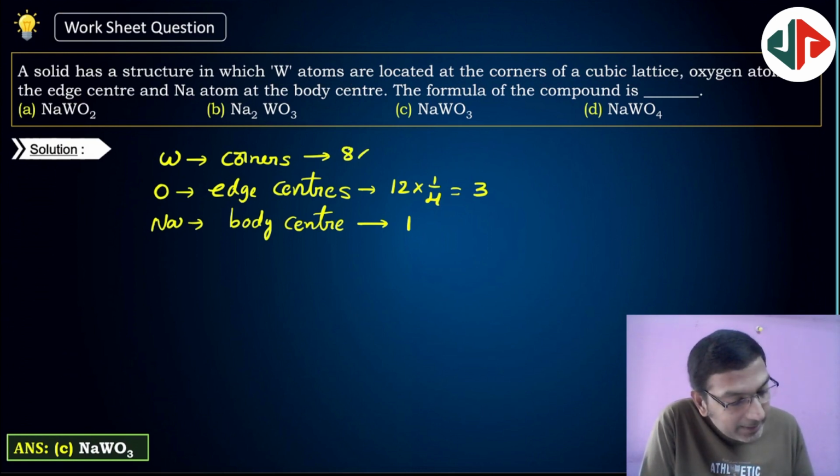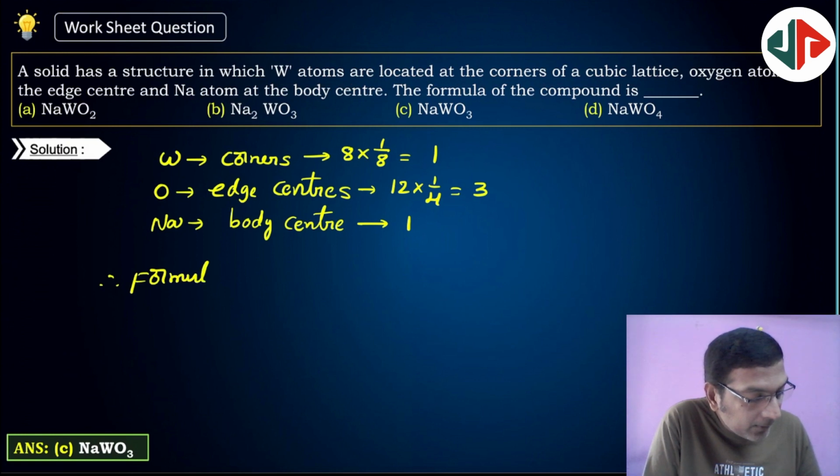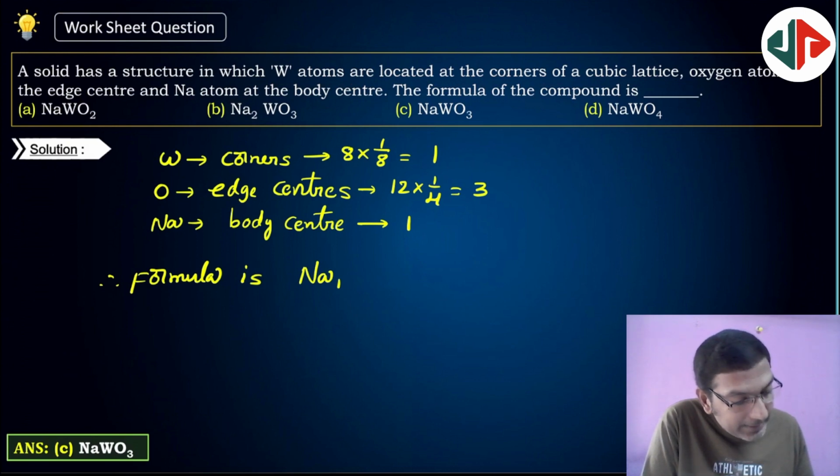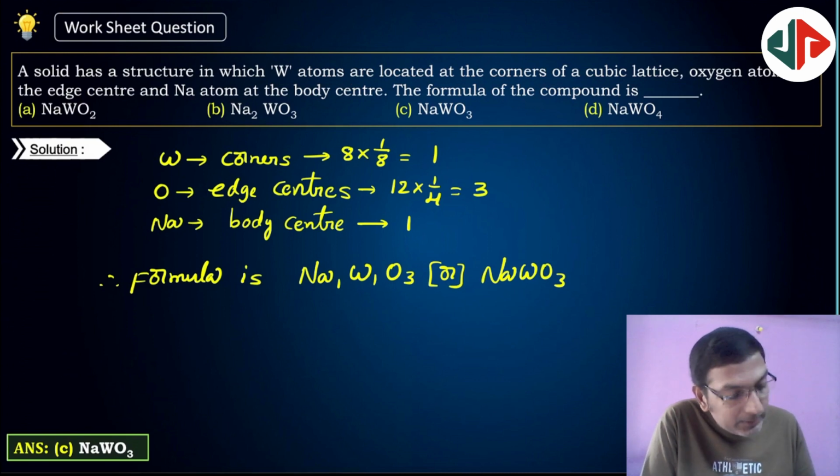Corners means 8 corners will be there. 8 into 1 by 8 contribution. Therefore, 1. So, sodium atom 1. Therefore, formula is sodium 1, W also 1 and O3. Or we can write NaWO3. So, option C.